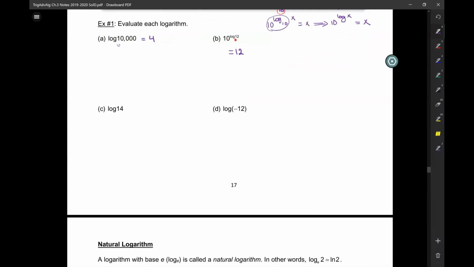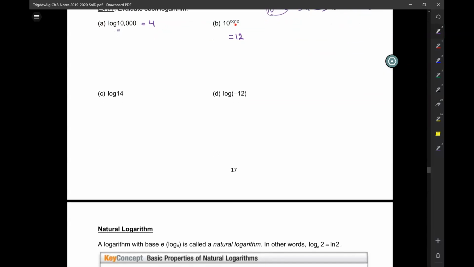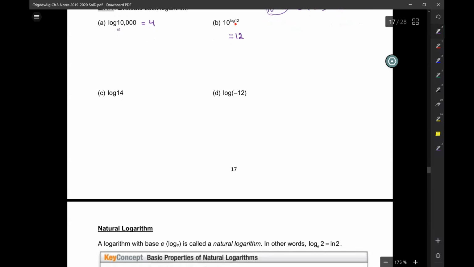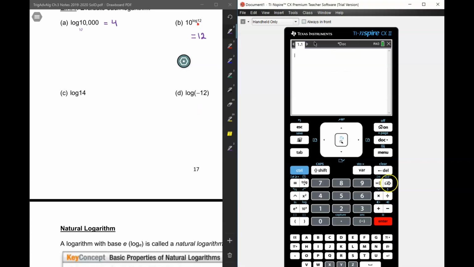Log 14 is one that we have to do with the calculator because the base here is 10 and there is no correlation here. So let's go ahead and go on our calculators. So log is that button there, right? Here, it's 14. And there we go.